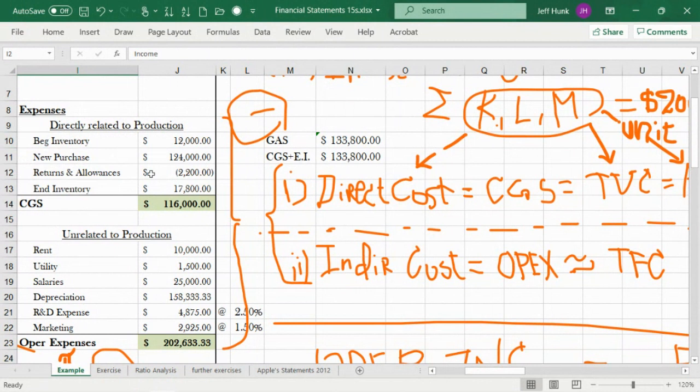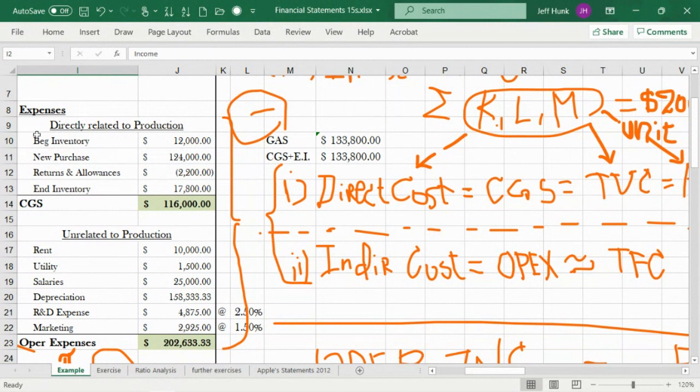If you think about it, in retail, retailers don't have any plant and equipment. They don't make things, they just buy the finished goods from the manufacturer.